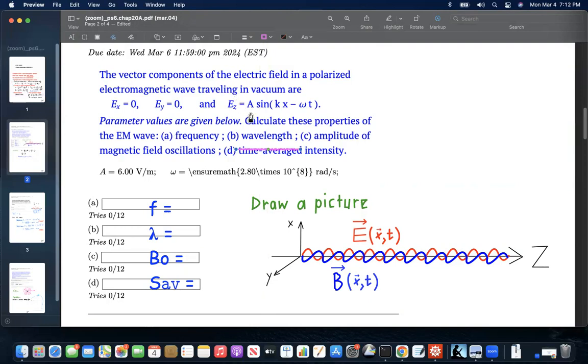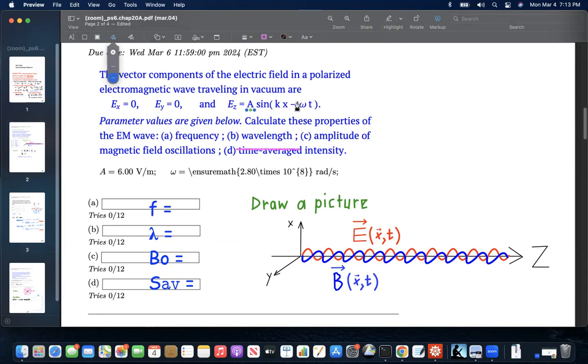Now, what's given in the problem? Well, the value of A is given. That's an electric field strength, so it has to have units of the electric field. Let's say it's 6 volts per meter. And omega is 2.8 times 10 to the 8th. What are the units of that?